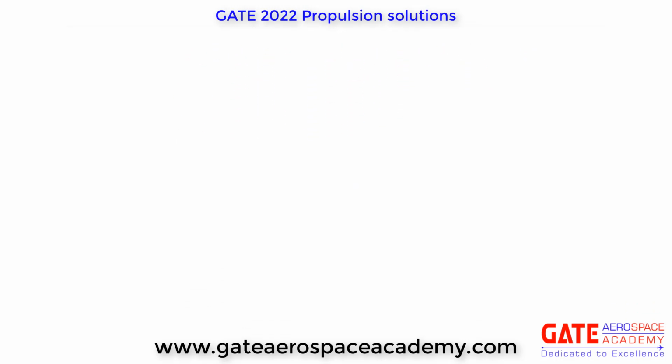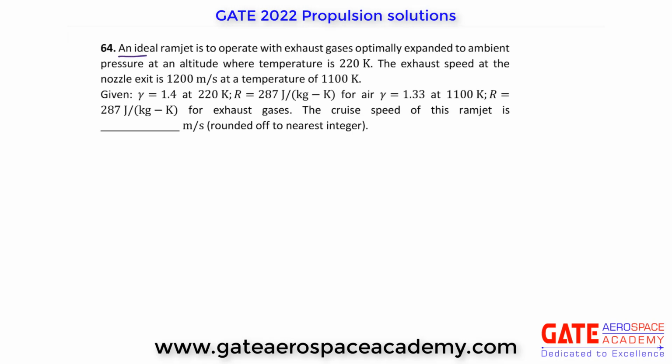Question number 64. An ideal ramjet is to operate with exhaust gases optimally expanded to ambient pressure at an altitude where temperature is 220 K. So ambient temperature is 220 Kelvin. The exhaust speed at the nozzle exit is 1200 meter per second at a temperature of 1100 Kelvin.